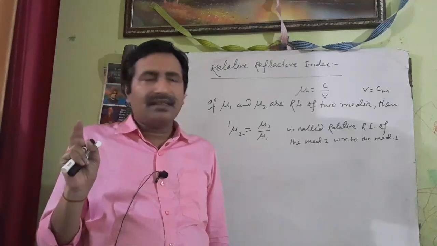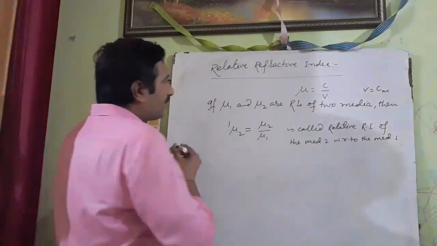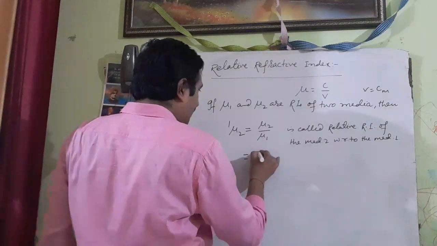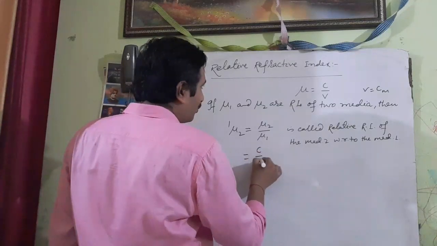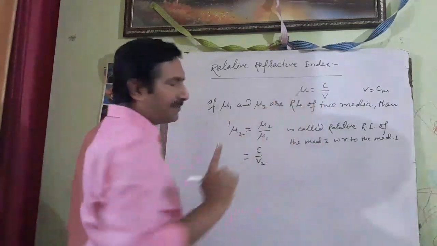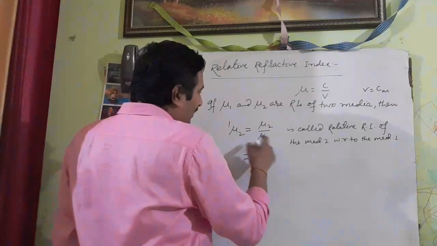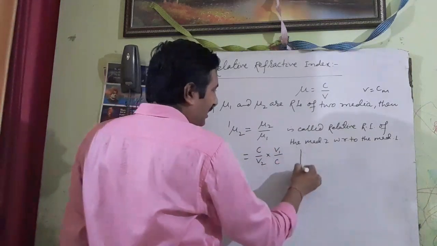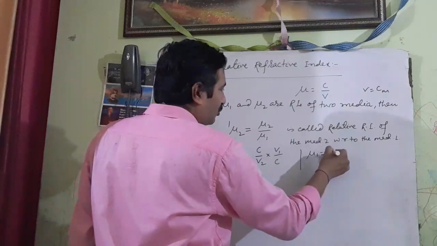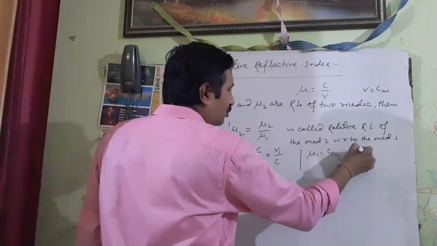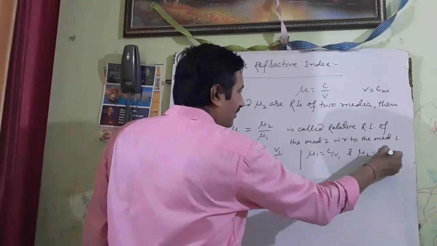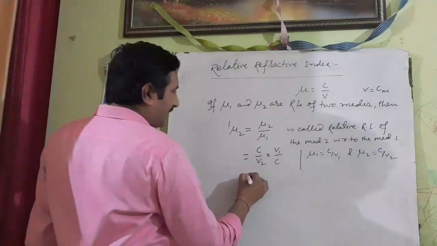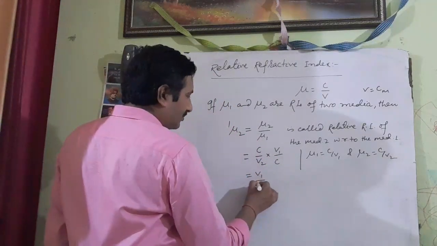Is it clear? Now see, mu2 is equal to C by V2, because this is C by V, and mu1 is equal to C by V1. So you can write V1 by C. Here mu1 is equal to C by V1 and mu2 is equal to C by V2. So this will become V1 by V2.